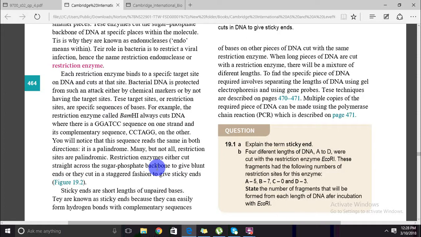You would reply that they are called sticky ends because they can easily form hydrogen bonds with complementary sequences of bases on other pieces of DNA, and you know the meaning of the term complementary from your study of nucleic acids.